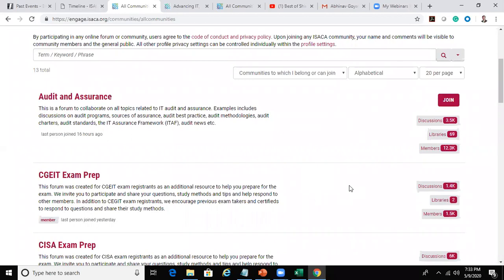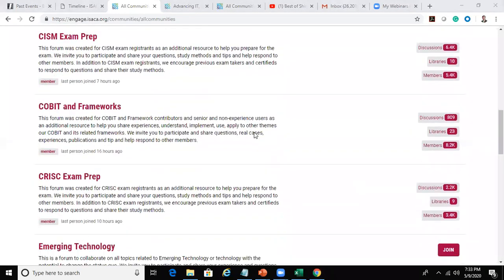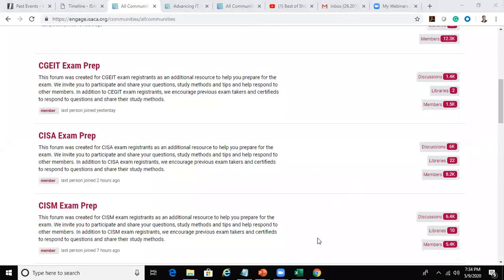You can see 3.5k members and 12k discussions. You get the proper answers, you get the value of your certification, and you interact with the domain experts, which is a fantastic exposure ISACA is providing to us. This is my experience with the ISACA Engage platform. Again, I repeat, it is completely free. It has no real relevance to ISACA membership. You can go register and continue.